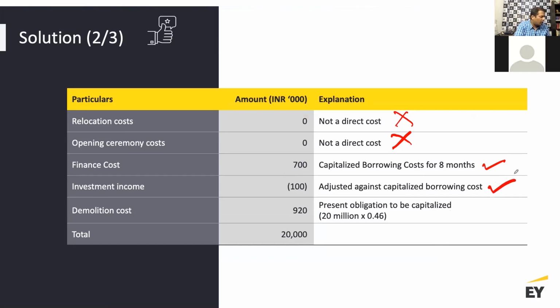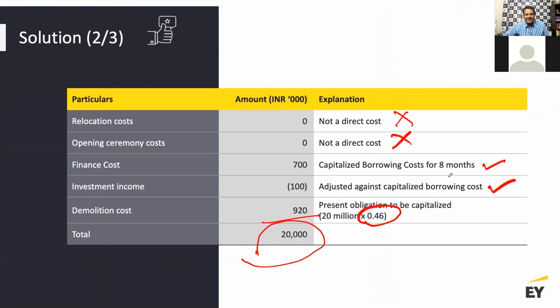And the demolition cost is a present obligation to be capitalized. Remember the 20 million is to be paid at the end of the 40 years, and the present value factor is 0.46. 20 million into 0.46 is 920. Now, the sum total of all of this is 20,000. That is your total cost which I need to capitalize.